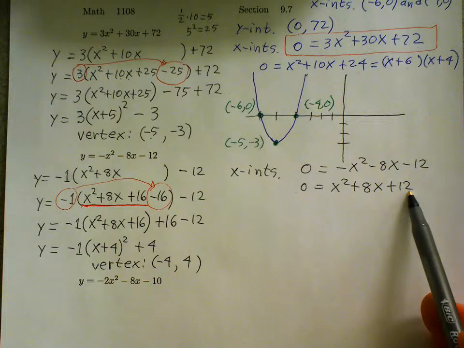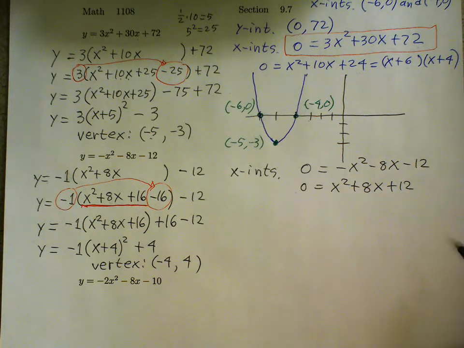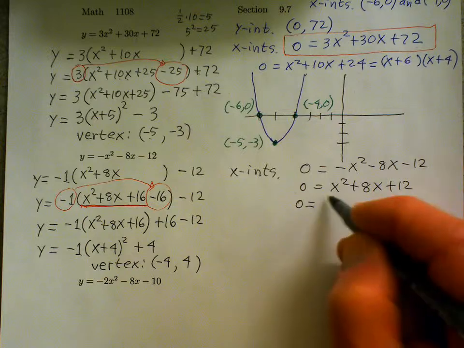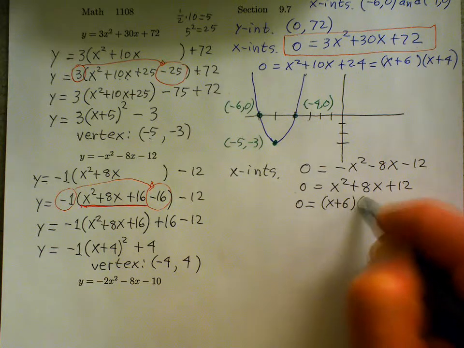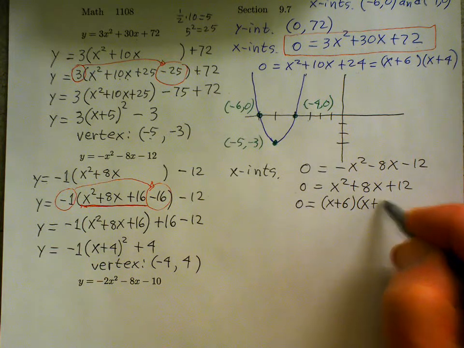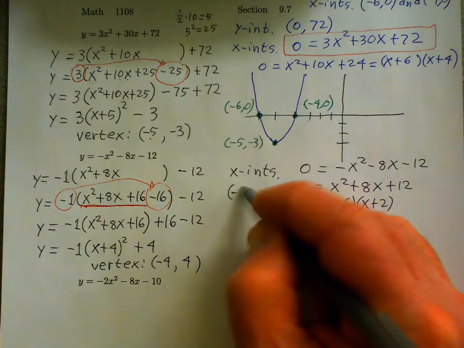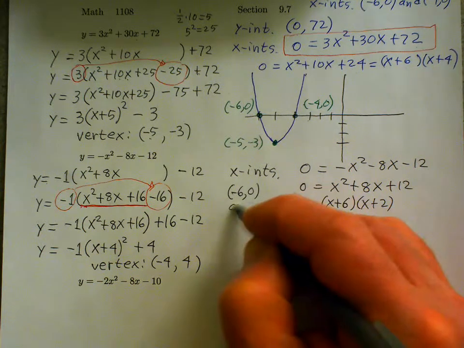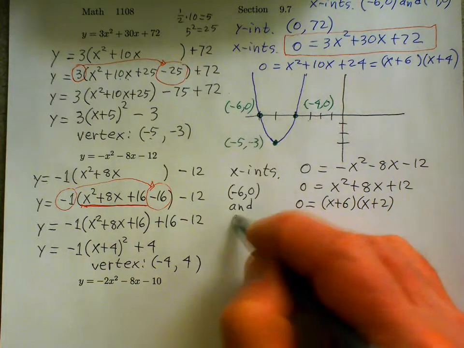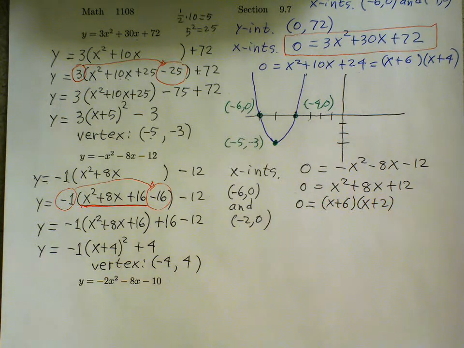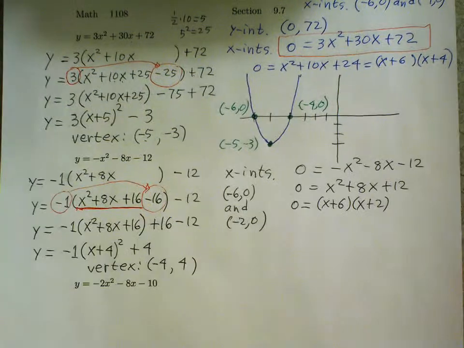And this factors really nicely. The two factors are x plus 6 and x plus 2. So the x-intercepts are the ordered pairs negative 6, 0 and negative 2, 0.